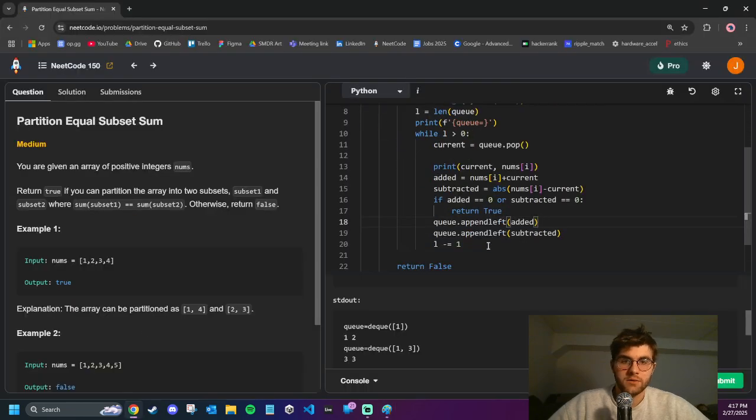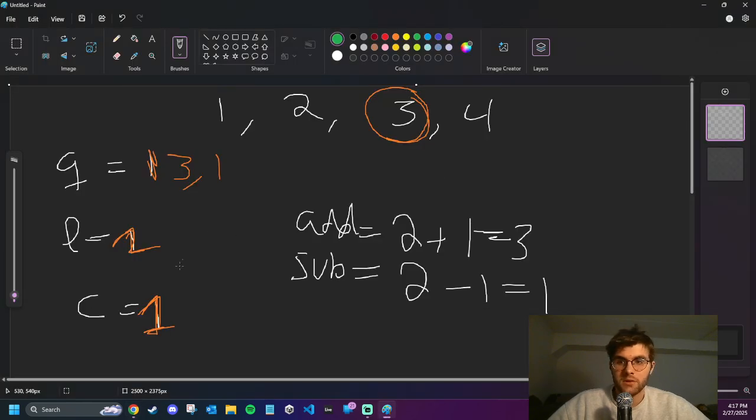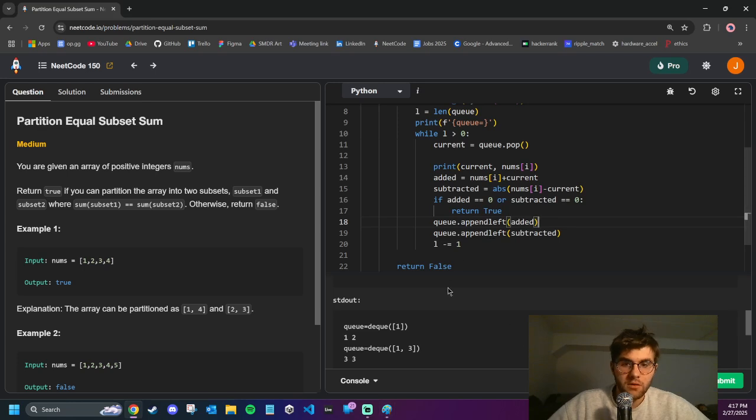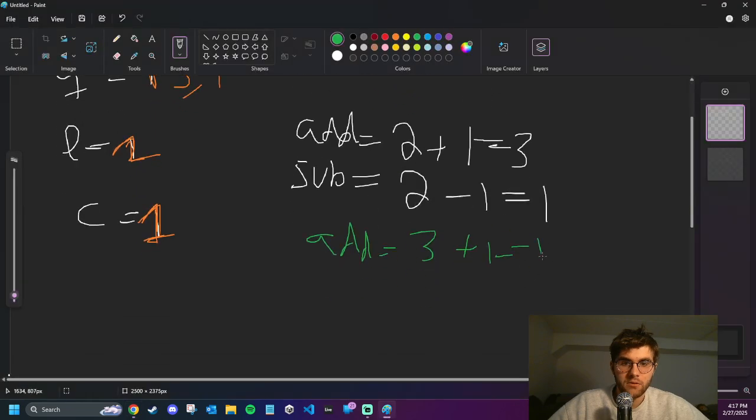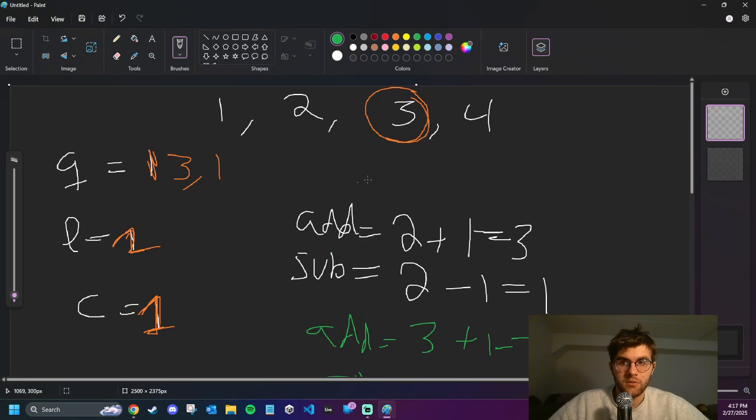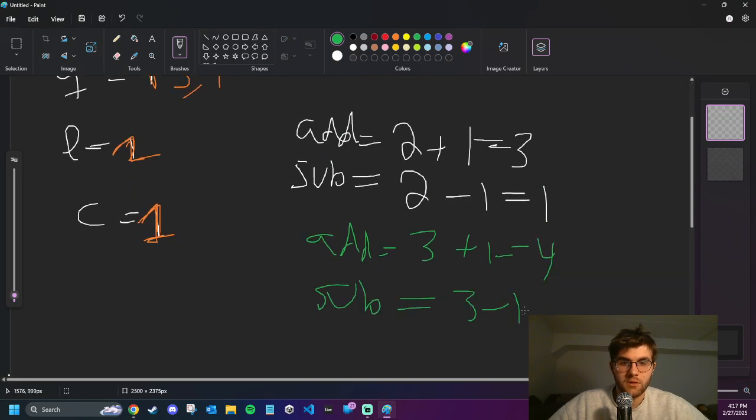Okay, so we're going to do this twice now. So current equals 1. Added equals 3 plus 1, which is 4, and subtracted equals nums of I 3 minus 1 is 2.